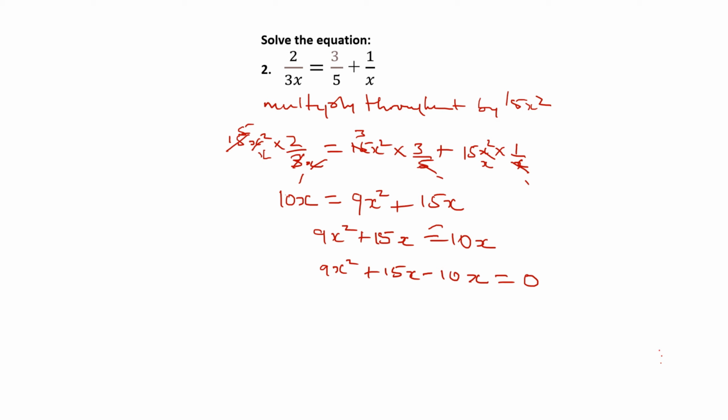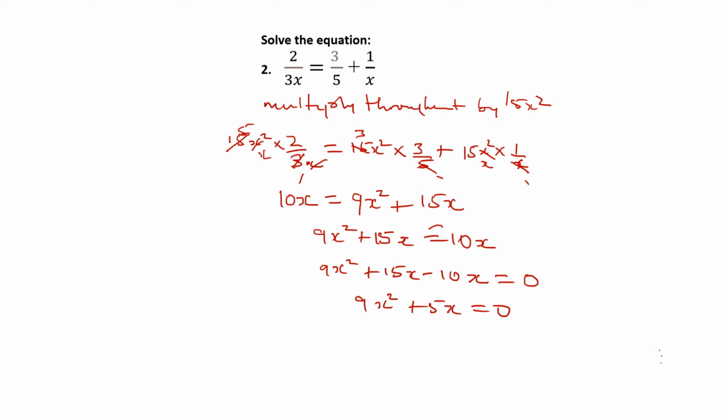So we now have 9x squared. Remember, 15x and 10x are like terms, so we add 15x minus 10x, we subtract. 15 minus 10 is 5x is equals 0. So here we try to factorize a common factor. 9 can go into itself, but it cannot go into 5. 5 can go into itself, but it cannot go into 9.